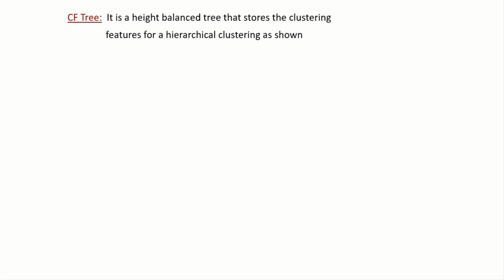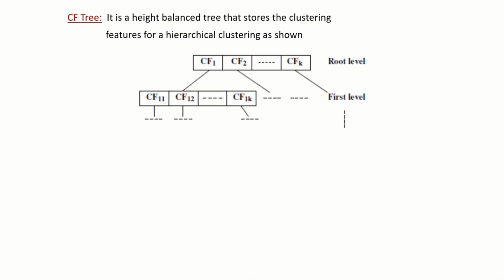A clustering feature tree is a height-balanced tree that stores the clustering features for hierarchical clustering, as shown in this picture. The point we need to keep in mind is that the number of clusters cannot be very few, and it cannot be out of the box. So we have to maintain a balance between the number of clusters, and it is well taken care of by the clustering feature tree.